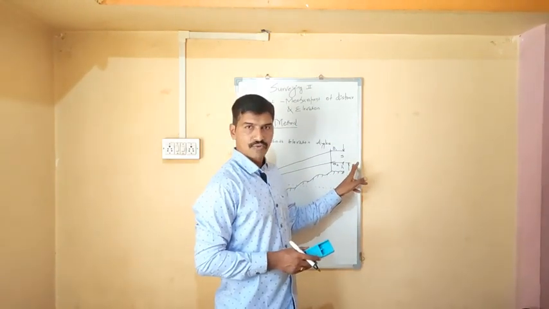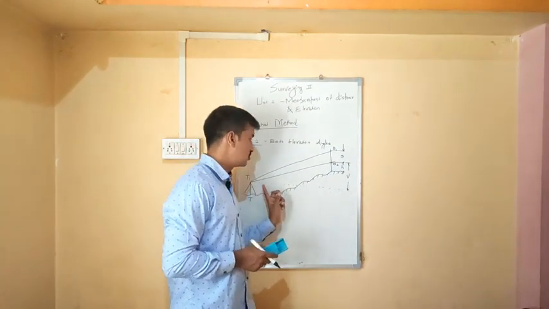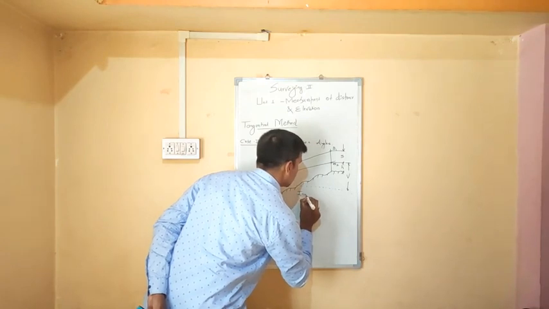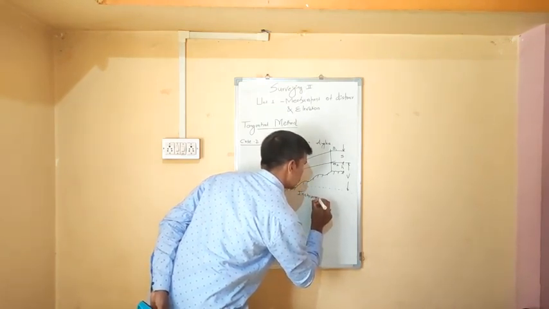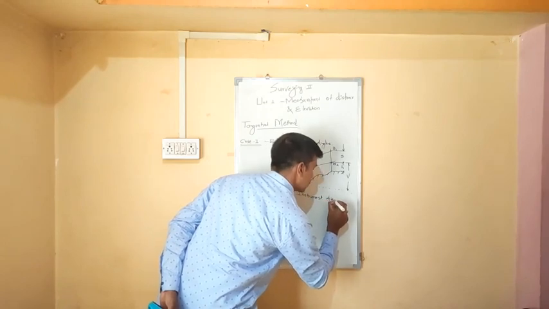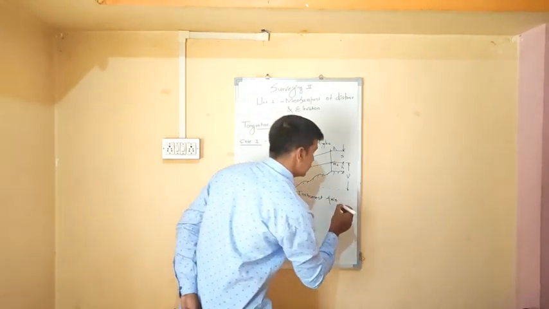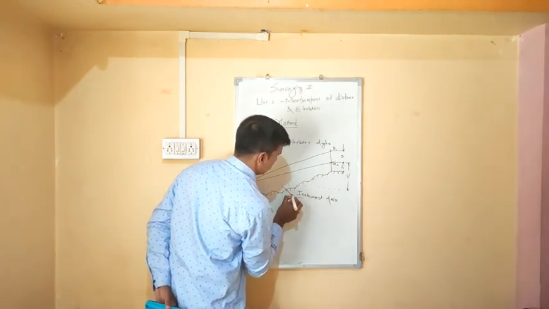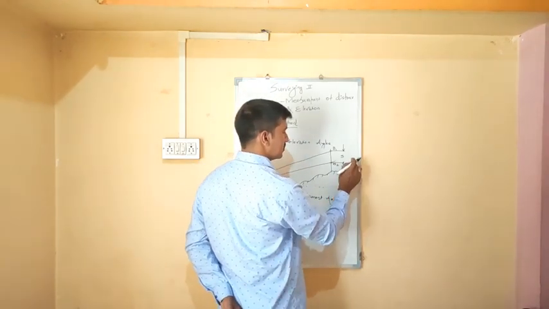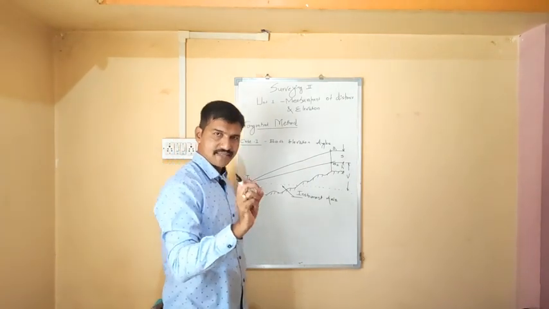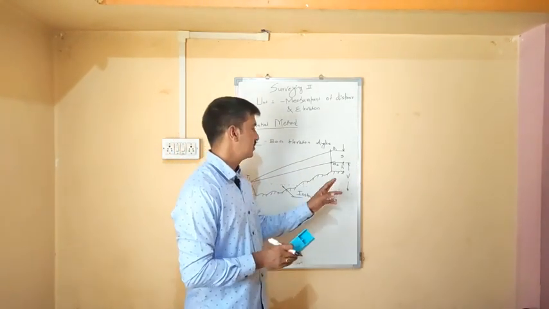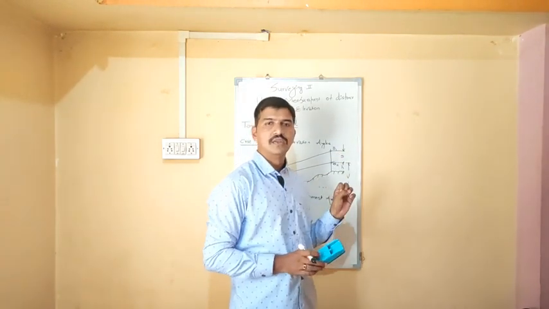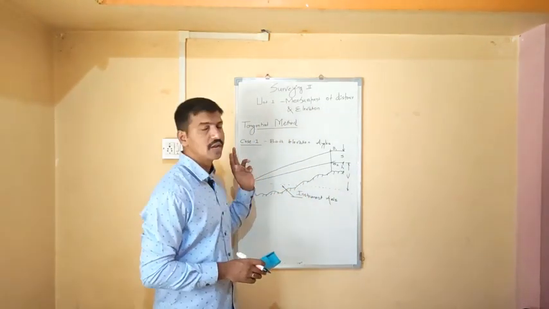From the bottom target to the instrument axis, this vertical distance is V. So S, H and V are the three important terms in the tangential method.